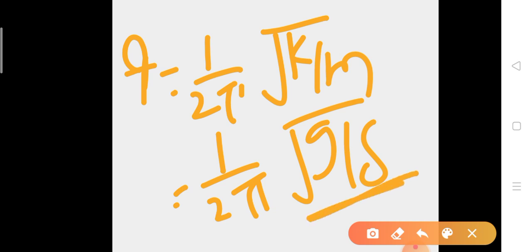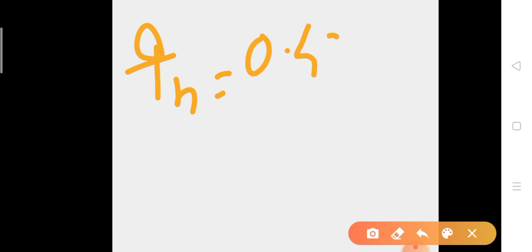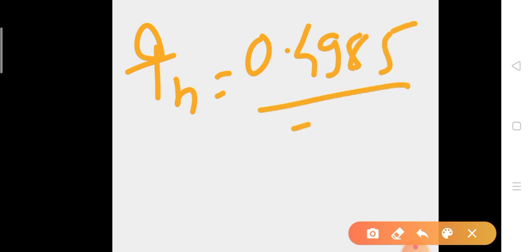And what is the value of g? That is 9.81. So again we will get the final value of frequency equal to 0.4985 upon under root delta.